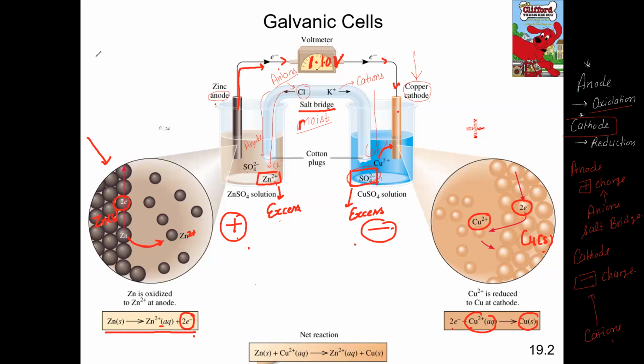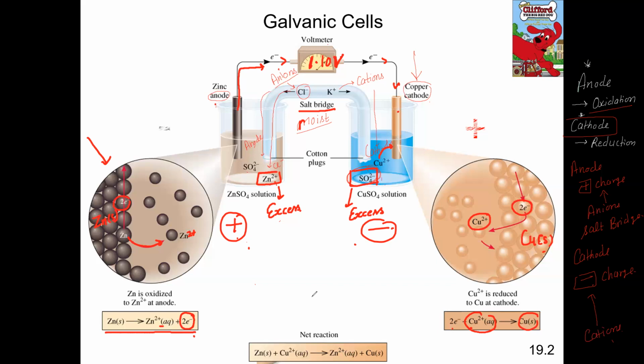Are you ready? I'll ask plenty of questions on this galvanic cell. Remember, the salt bridge is very important. If you remove the salt bridge, your solutions will become electrically charged. And then no more electricity, the reaction will stop, because solutions cannot be charged. Right? Anode, oxidation.